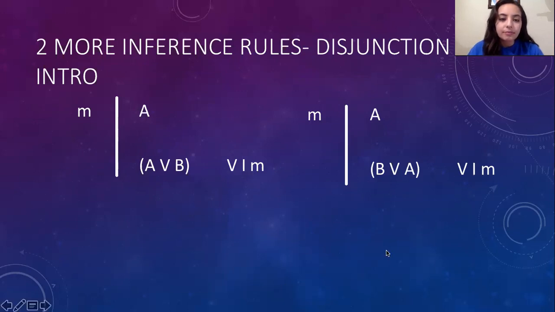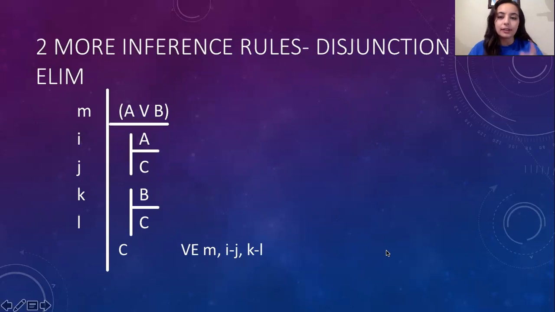Let's take a look at the second rule, which is disjunction elimination. If you've got A or B and you're trying to eliminate that, separate them out, and you're trying to prove C, for example, all you need to do is start a subproof.